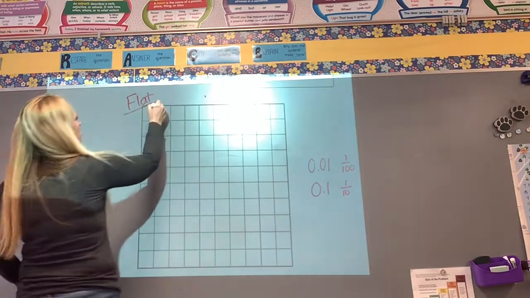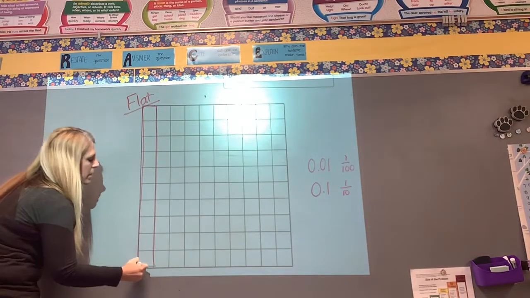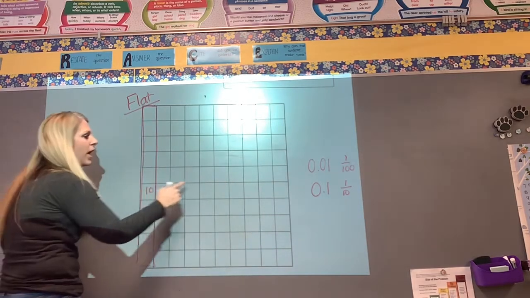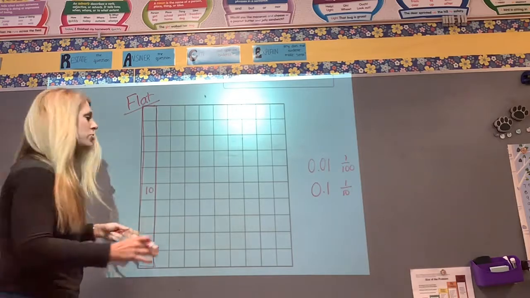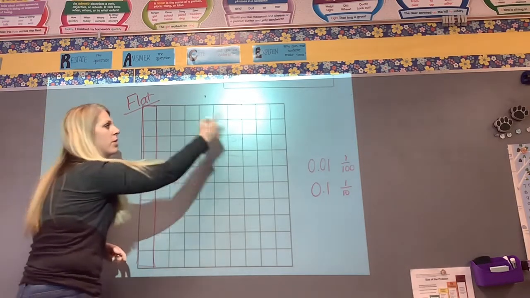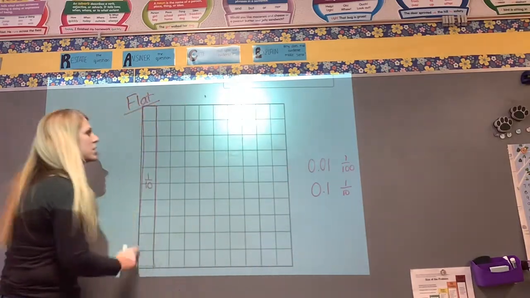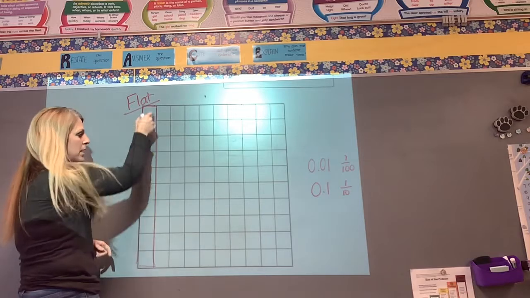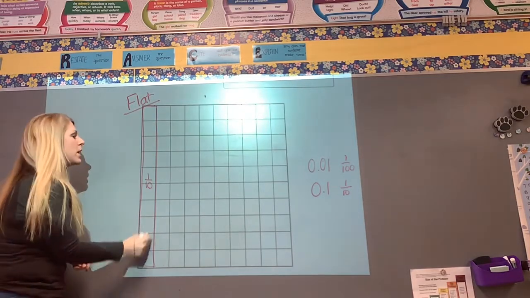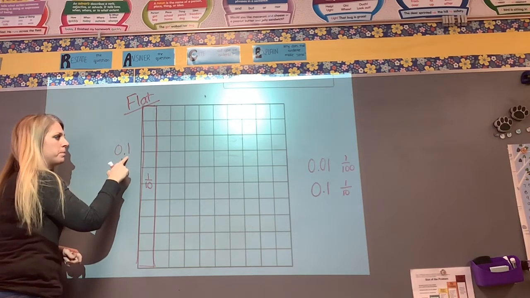So if you have a group of 10, or a long, it would take 10 of these to make the entire flat. So on this picture, we can think of this as 1/10 of our whole.